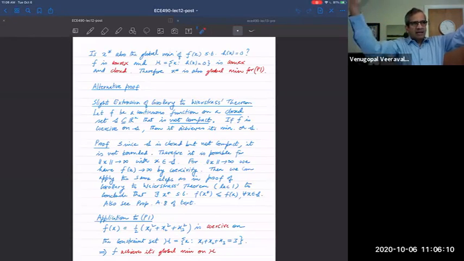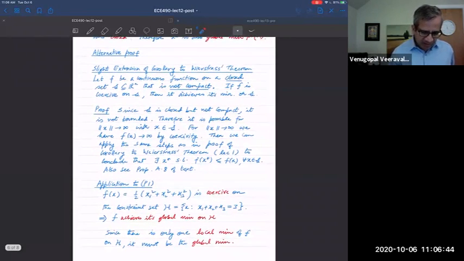If the set S is closed but not bounded, then anywhere on that set where x goes to infinity, the function also goes to infinity. Since it's blowing up, it must have a minimum. The proof is very similar to the corollary of Weierstrass's theorem that we proved earlier. So you might be able to use this result in some cases to establish that something is a global minimum.